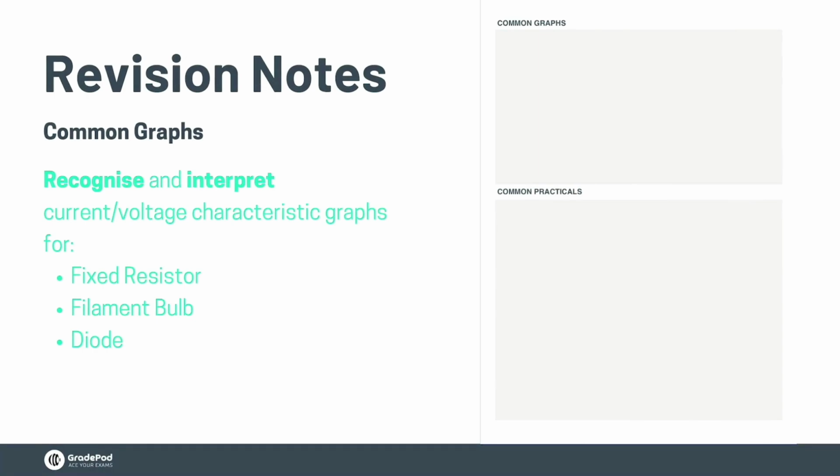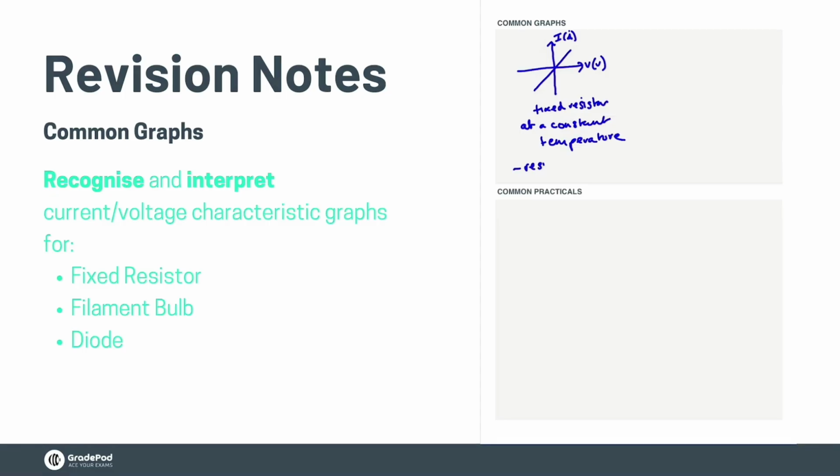And what I'd like you to do is go to your revision notes. I'd like you to draw your IV characteristic graphs for each fixed resistor at a constant temperature. And I'd like you to just annotate it.